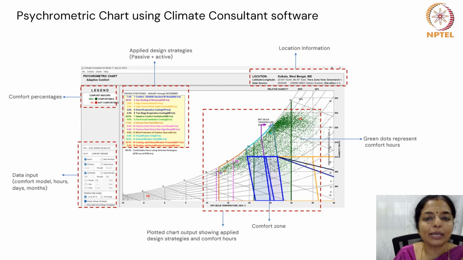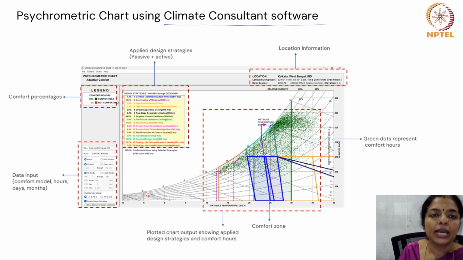Now this is important because when I teach you the software, this is the kind of psychrometric chart you will get. You don't have to do anything. The software itself will generate this psychrometric chart, so that you should understand what it is. When we use the software which I will be demonstrating, which is called the Climate Consultant software, that uses the psychrometric chart.